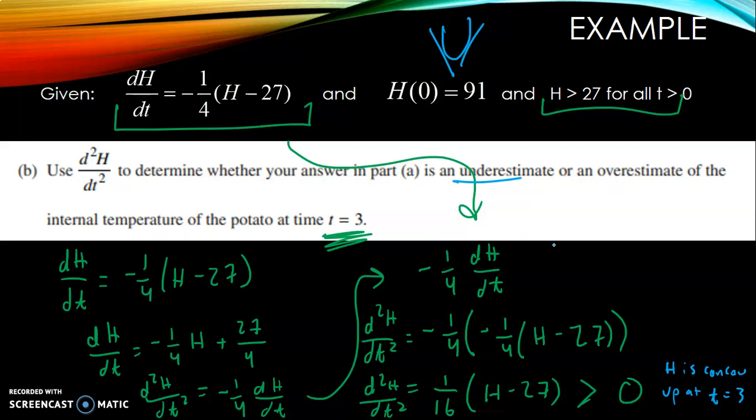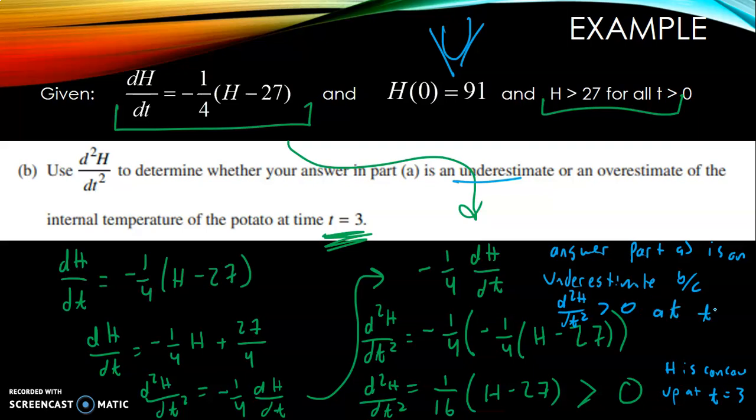So we would say that our answer from part A is an underestimate because the second derivative is greater than 0 at t equals 3. So h is concave up at t equals 3. This part in blue would be your explanation.